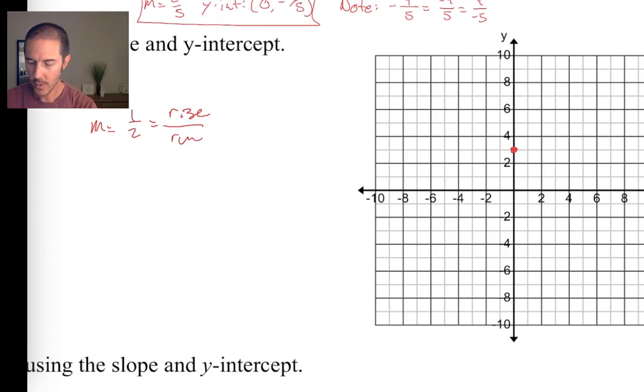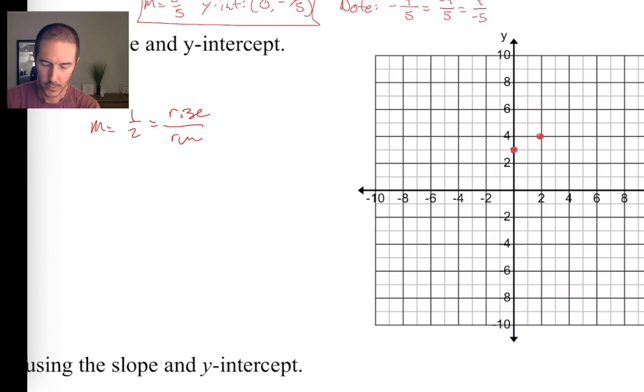So we start at the y-intercept and rise 1 unit, going up 1 in the positive y direction, and then run horizontally positive 2 units. Let's go up 1 and over 2, and we'll land at this other point. And we could draw a line through that point right away.